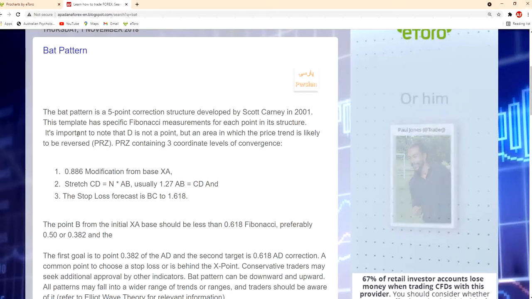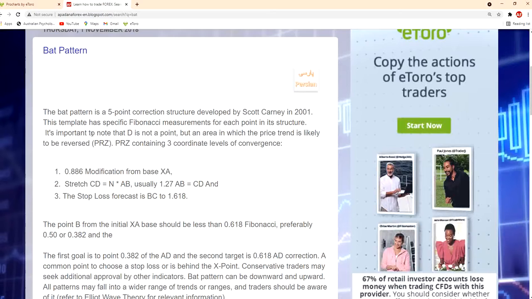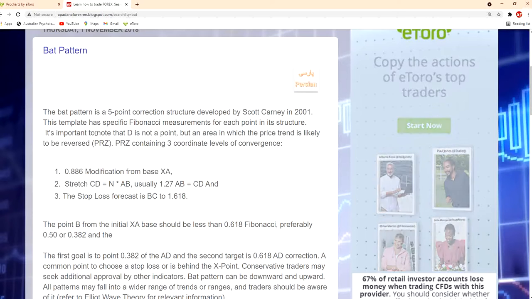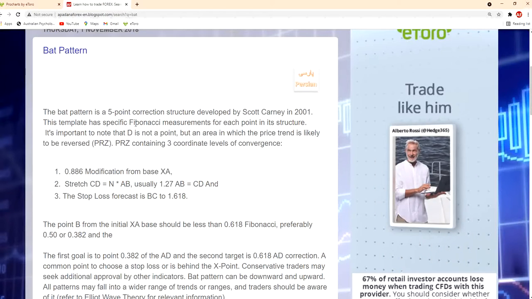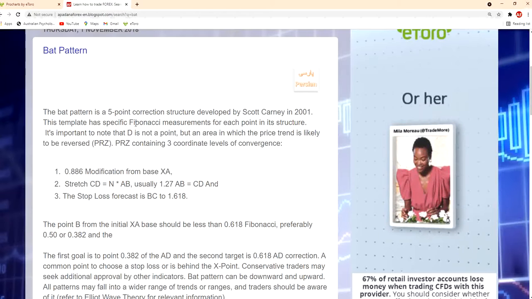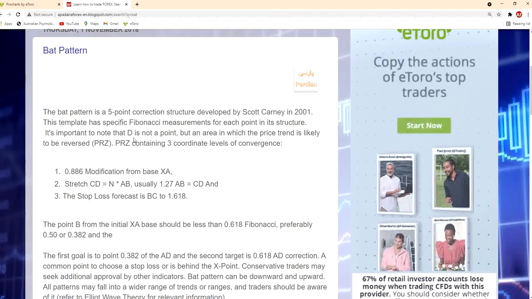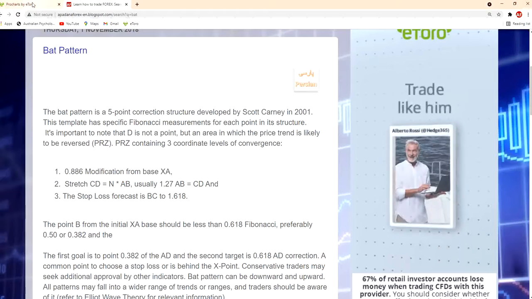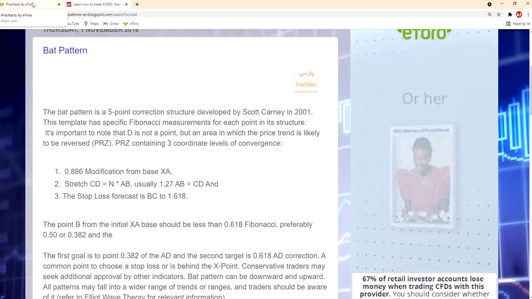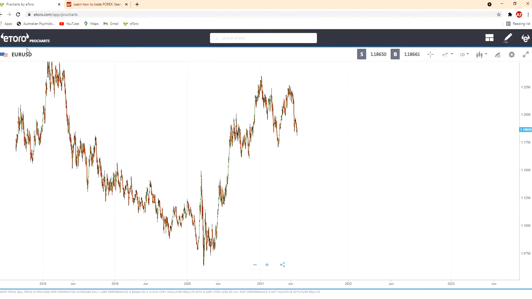This template has specific Fibonacci measurements. The Fibonacci numbers are very useful in trading, and it's good if you can just draw Fibonacci on any chart from a low point to a high point to see what happens. For example, here we are looking at euro versus US dollar. You see a low point here and a high point here.